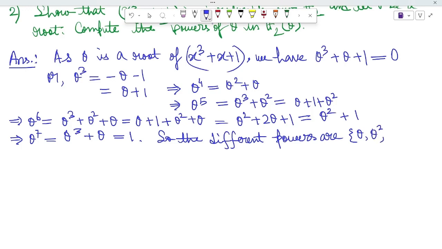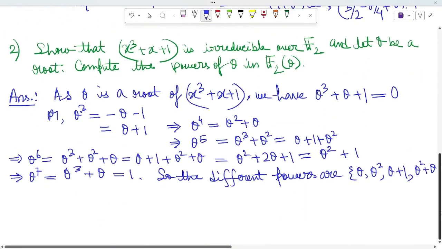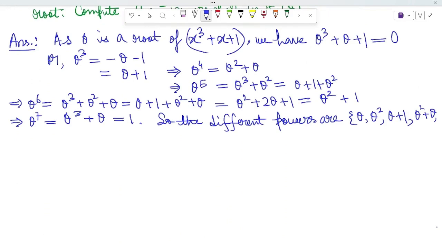But theta cube is theta plus 1. Theta to the power 4 is theta square plus theta. Theta power 5 is theta square plus theta plus 1. Theta power 6 is theta square plus 1. And theta power 7 means 1.